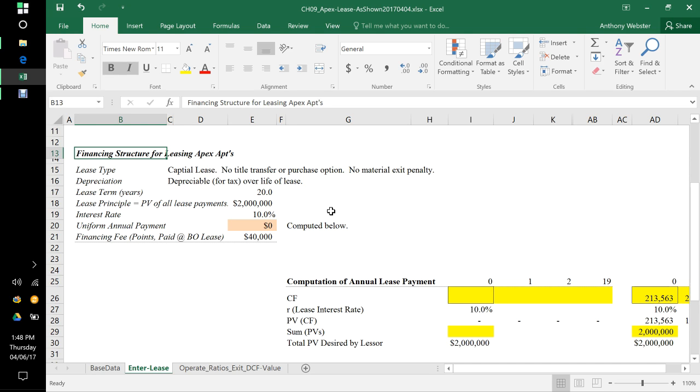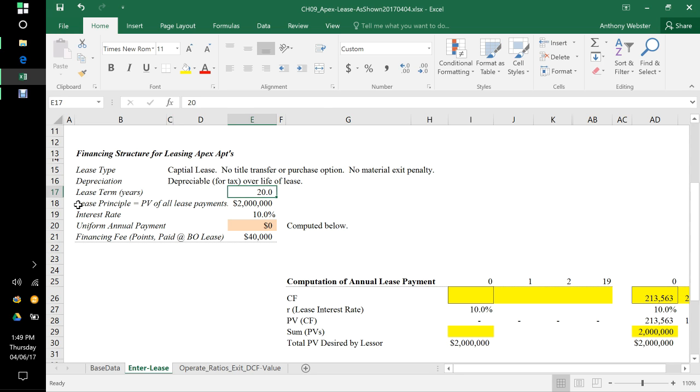And CMO is going to get the exclusive use of this building from the leasing company for a term certain. So this is going to be a capital lease, and depreciation for this lease is going to be over the life of the lease. The lease term is 20 years with no early exit penalty.